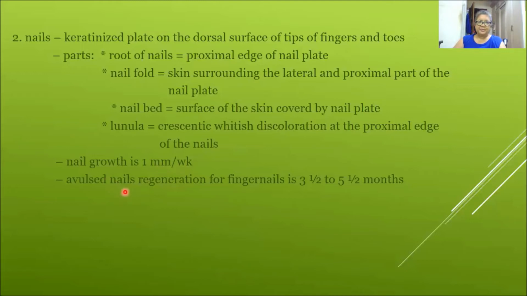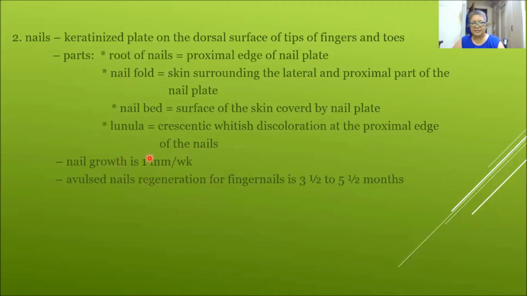Then there is the procedure of removing the nails when there is an injury to the nails, like a hematoma. You have to remove the nails so that there will be faster repair or faster healing of the injury.